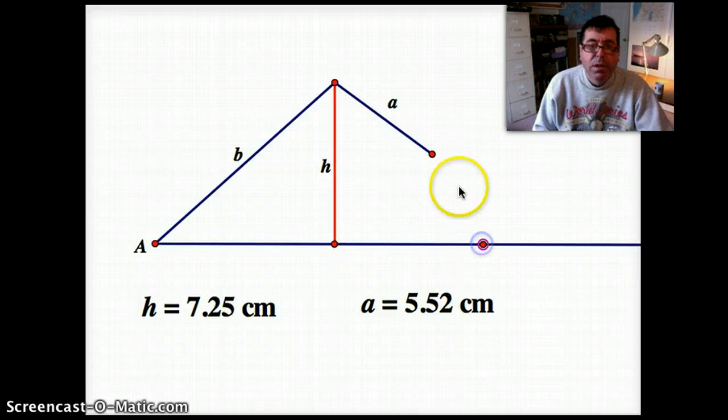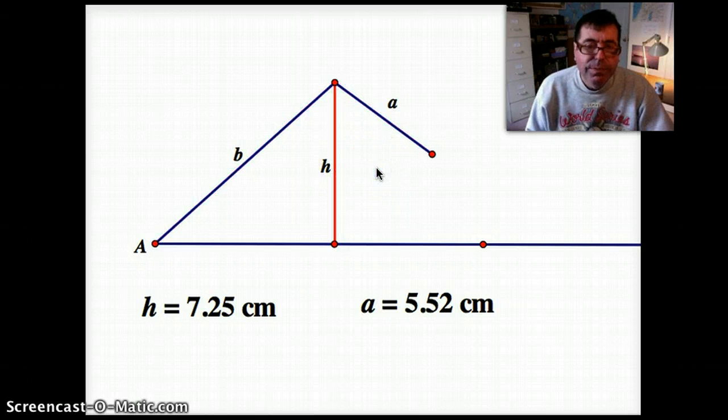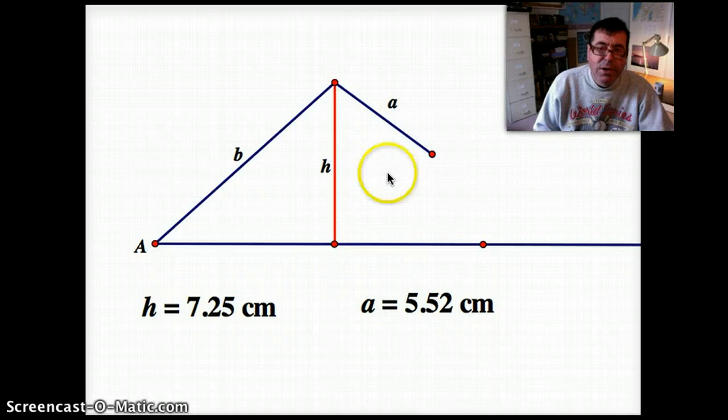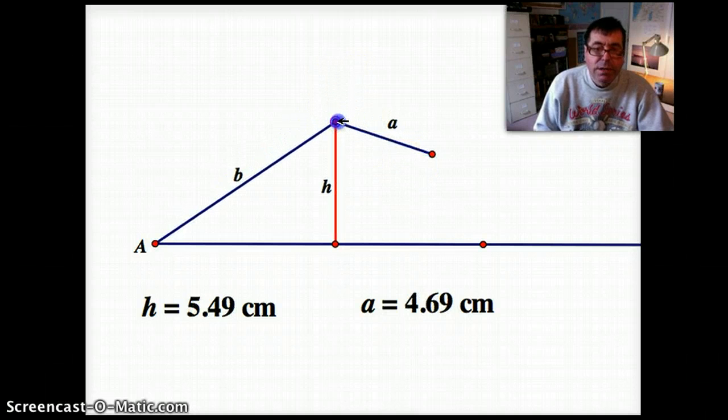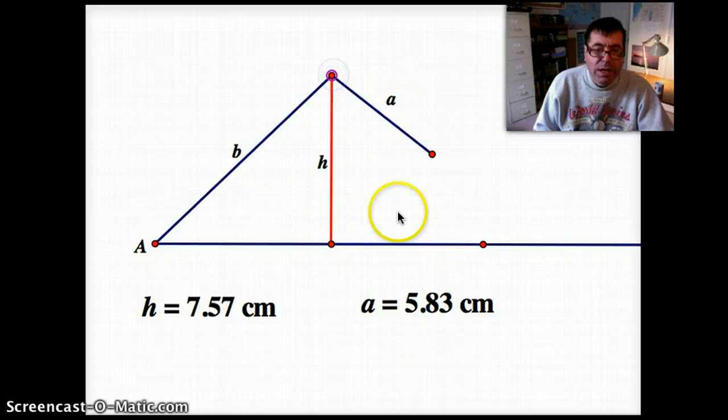Also notice I have side b, side a, which I'm leaving hanging, and then I have h. This is my setup, and I'm measuring the length of h and a.